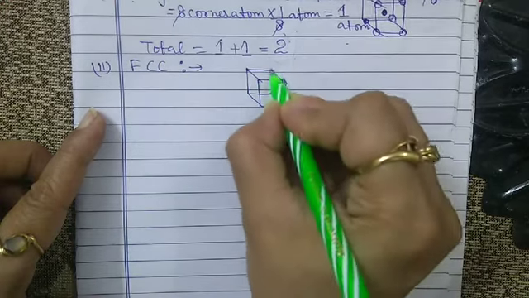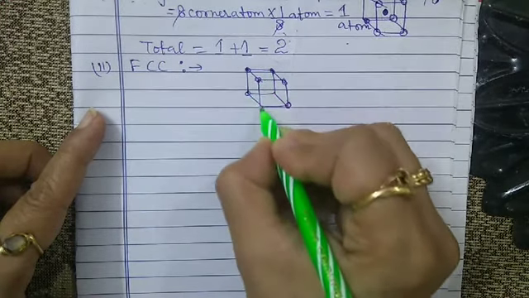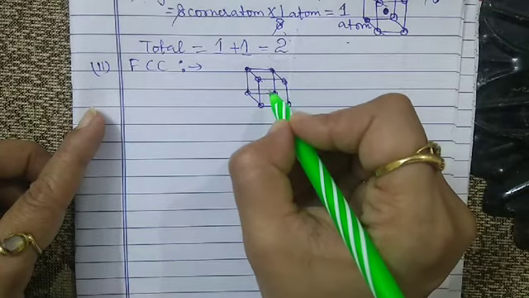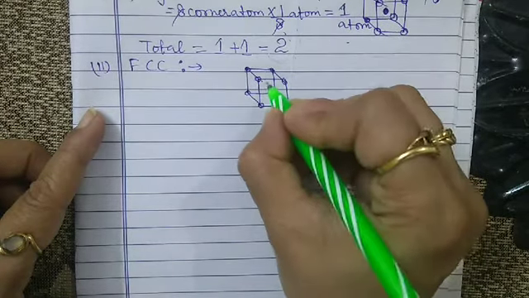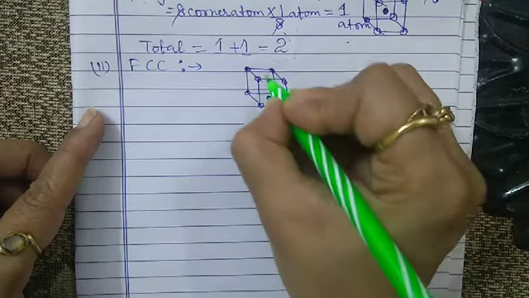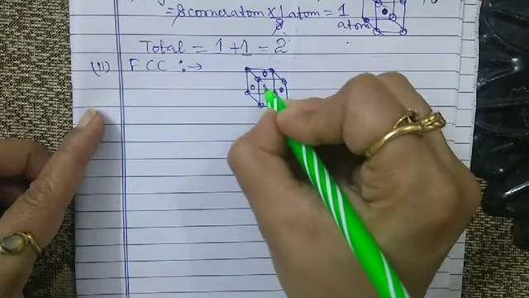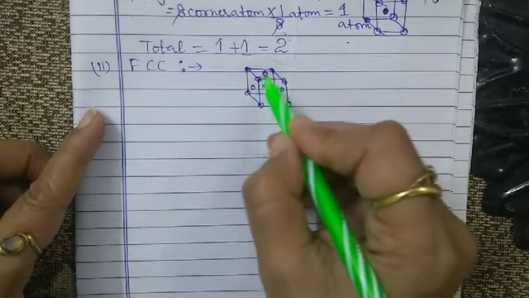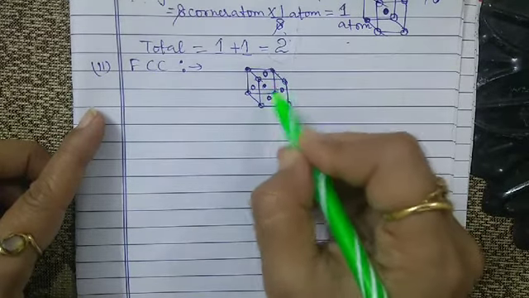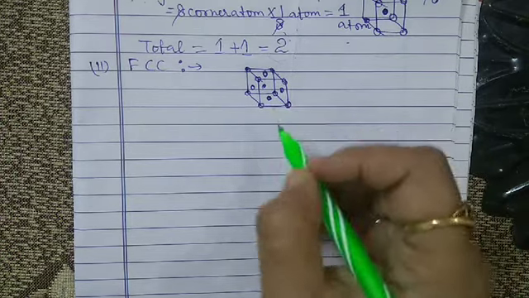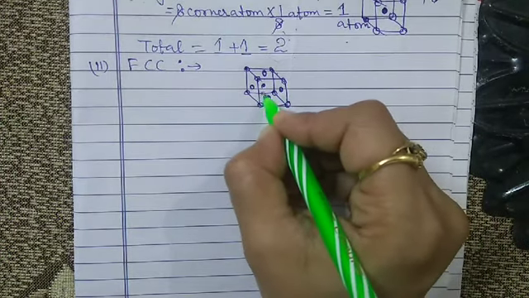So 1, 2, 3, 4, 5, 6, 7, 8, and 1 is at every face. In this face 1, in this face 2, 3, 4, 5.